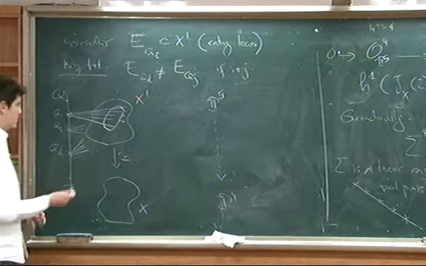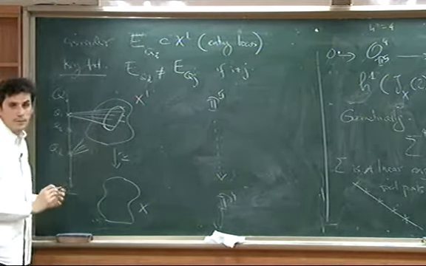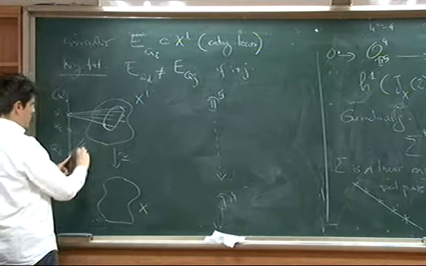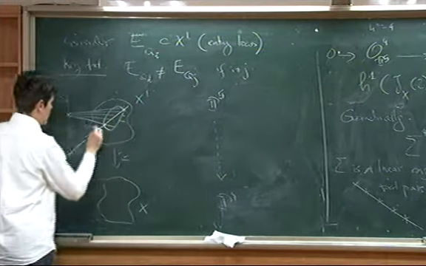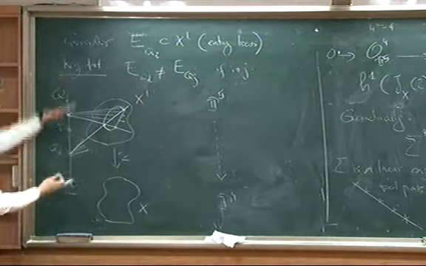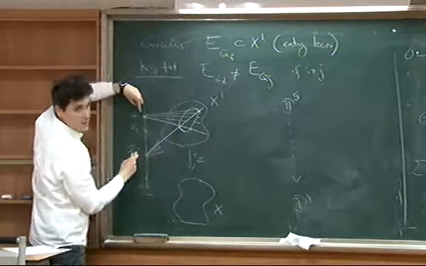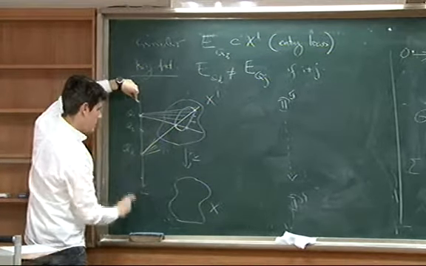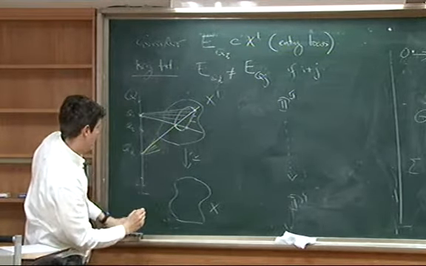But this is obvious, because assume that, for instance, these two entry loci coincide. What does this mean? It means that this point is in this entry locus, so this line is tri-secant, but this line is also tri-secant. So when I project from this point, the span of these two lines is a plane, and this point is inside the plane, right, because it's in this line. So when I project here, where is P?